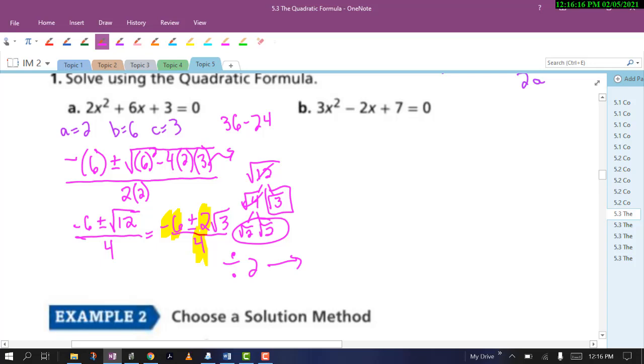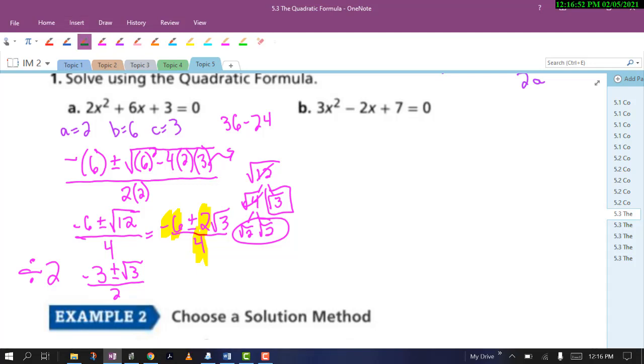So our answer really is, oops, make sure I simplify. Let's write them down here. So divided by 2, so it'll be negative 3 plus or minus 1 root 3. We don't write the 1, so it's just root 3 over 2. And again, you could separate them like we did. I don't think we necessarily need that.